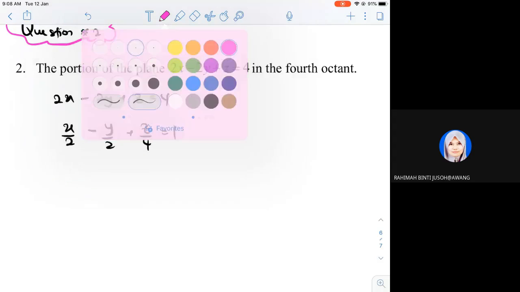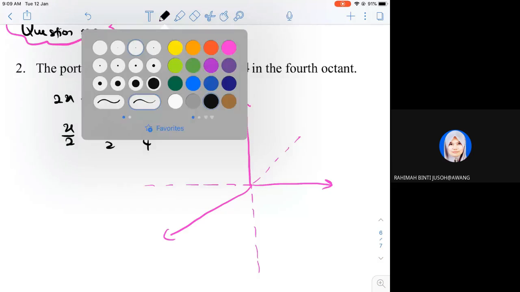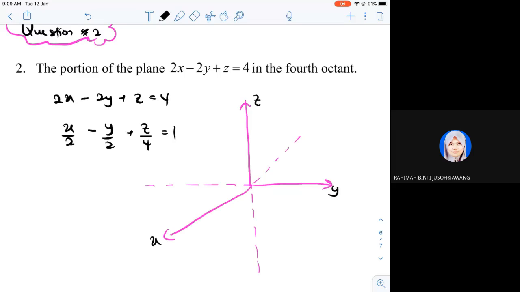So if we sketch this, x, y and z, so x equals to 2 positive, depan lah. y negative, okay, we have negative 2, so negative 2 on the left. And then z equals to 4, so 4 up here.